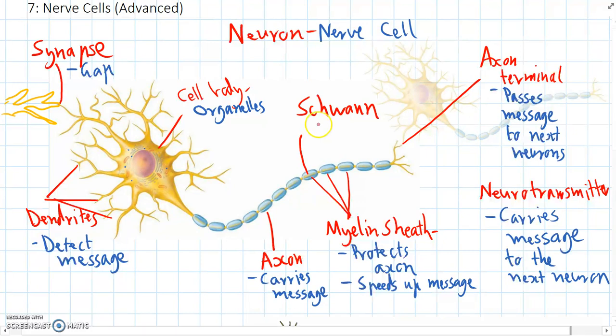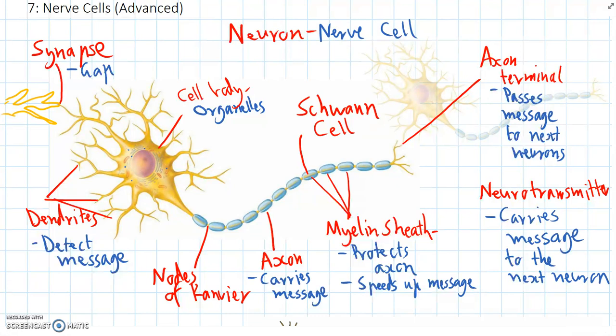We can also see there are gaps between each of those cells, and they're called nodes of Ranvier. And those little gaps are needed to pass the message along. We won't go into detail about that today either, though.